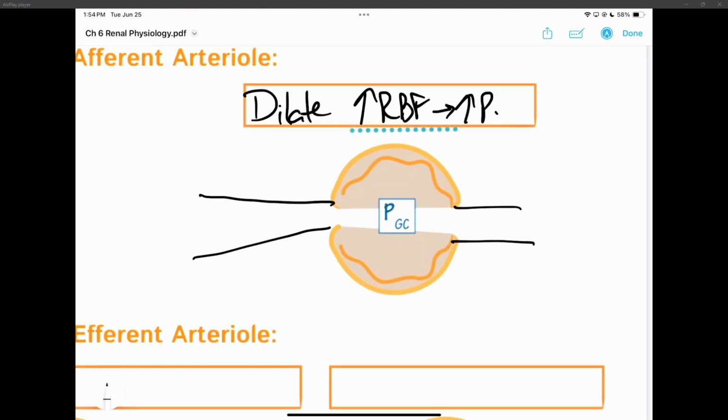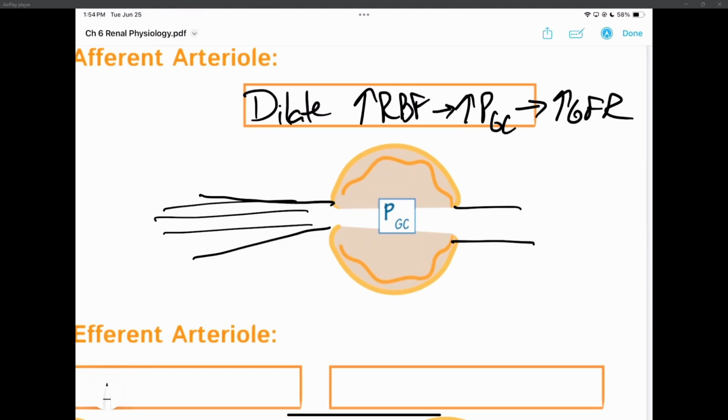It increases the hydrostatic pressure of the glomerular capillary, which then does what to your GFR? Increases your GFR. So we have a lot of blood coming in, it builds up pressure there, so more factors favor filtration, and it all goes up. So if you dilate the afferent side, more blood gets in, more hydrostatic pressure, favors filtration, increased GFR. Everyone good on the afferent side?